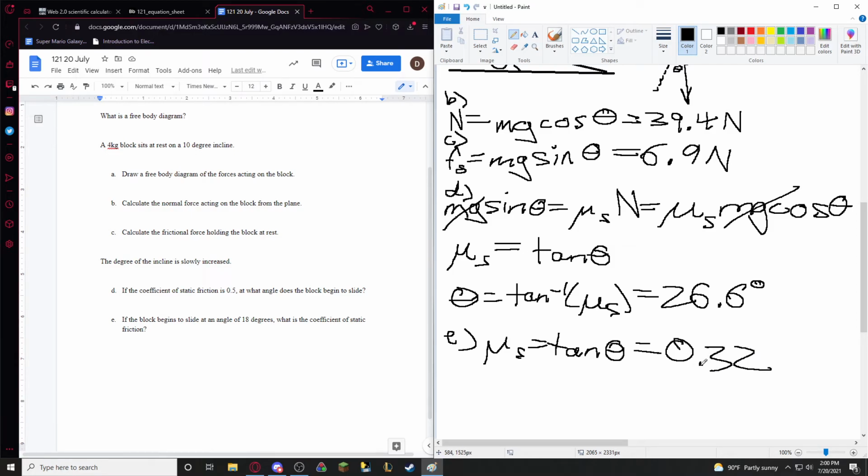And what are the units on our coefficient of friction? I'm not sure. I actually haven't written down any.